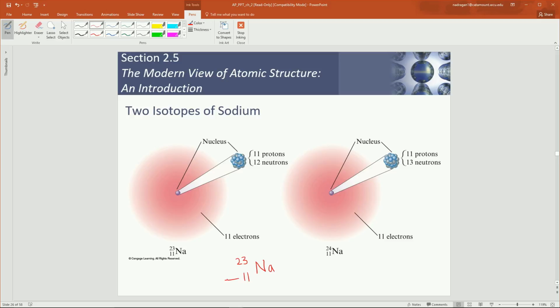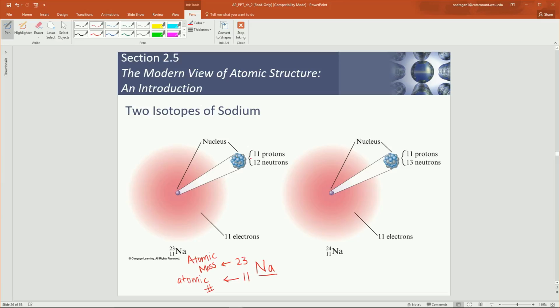This is the atomic number, and this is the atomic mass. And then Na is the element symbol for sodium. So what you can see here is that this sodium has an atomic mass of 23, while this sodium has an atomic mass of 24.